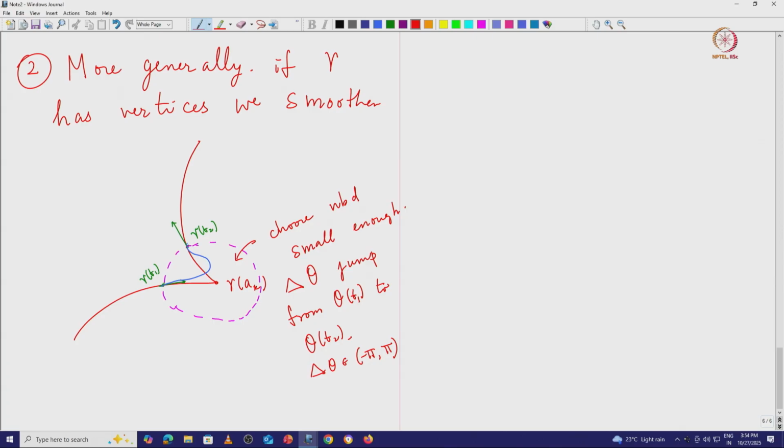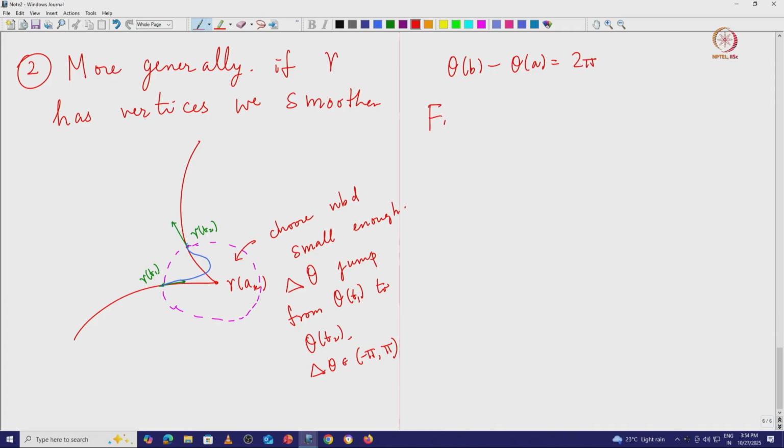Then one can take a smooth curve, which is shown in blue in this picture, to interpolate between these 2 points, and we end up with a smooth curve without disturbing the total rotation angle. So now I just apply the first part for smooth curves and conclude that theta b minus theta a is still 2 pi.